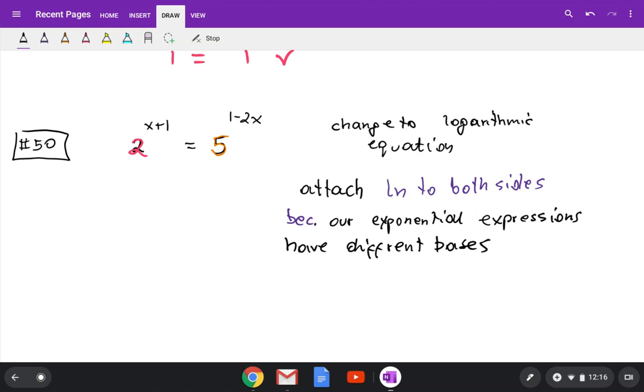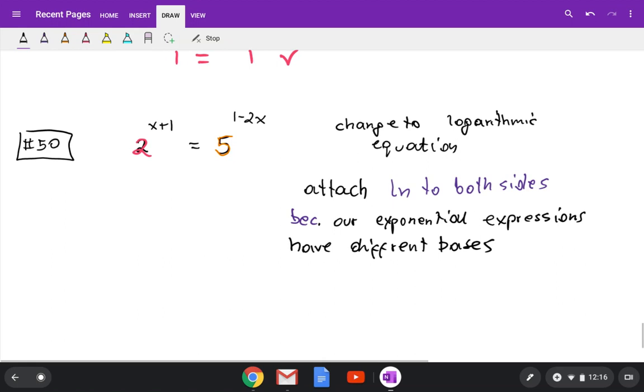I don't want you to pick, okay, let me go with base 2 or let me go with base 5. If that's the case, we attach ln to both sides. So I have ln of 2 to the power of x plus 1 is equal to ln of 5 to the power of 1 minus 2x.